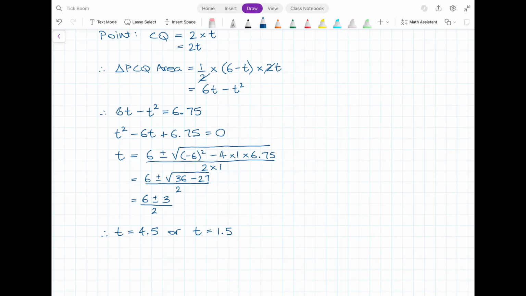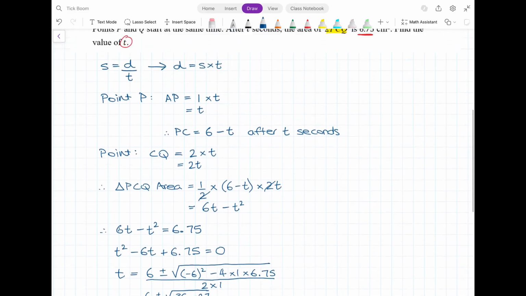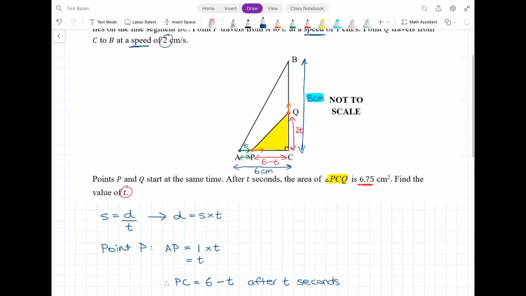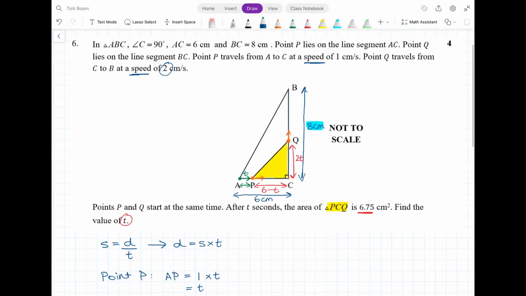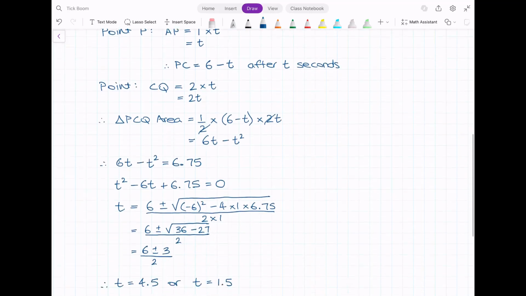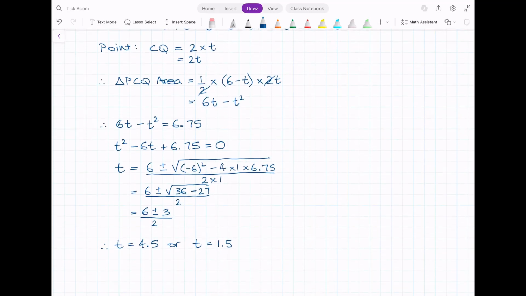Okay, so we have 2 values for the time, and at first glance both of them seem fine, like none of them are negative or anything, so it's not like we can strike one out right away. And I think the temptation may be to say, well, actually both of those times are valid, they're both okay. And I must admit, the first time I looked at this question and attempted it, that's what I did. I just accepted both of those solutions as being valid.